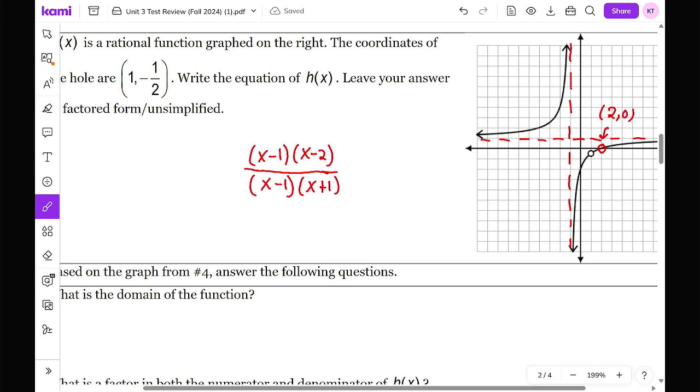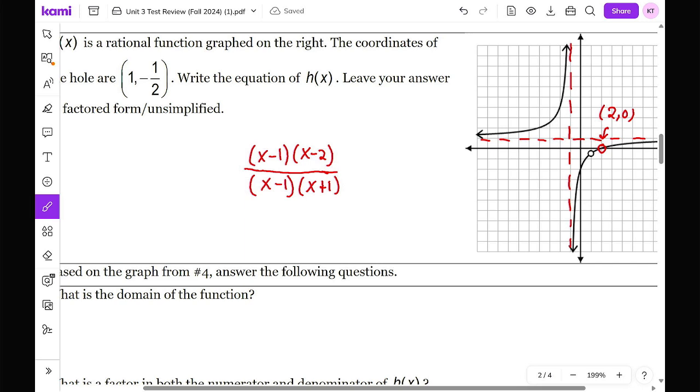And if my degrees are the same, then I go ahead and look at the coefficients, which are both going to be 1, and the ratio of that, 1 over 1, is going to equal 1. So as my function stands right now, that checks out. If I did have a horizontal asymptote of, let's say, 3, I would have to go ahead and put a 3 on my numerator then. But since we don't have to worry about that.